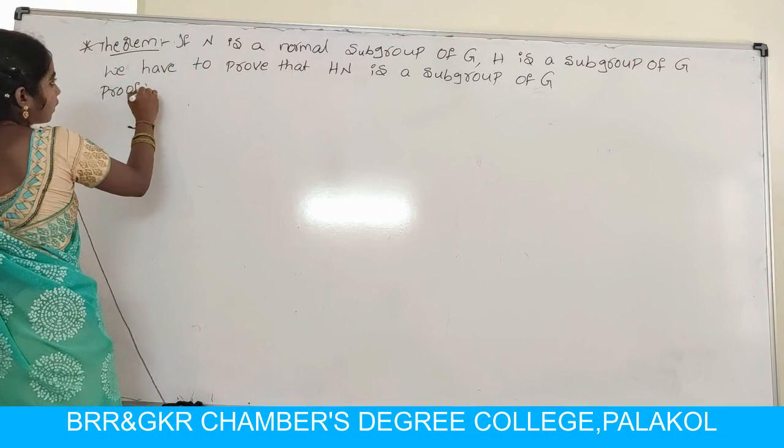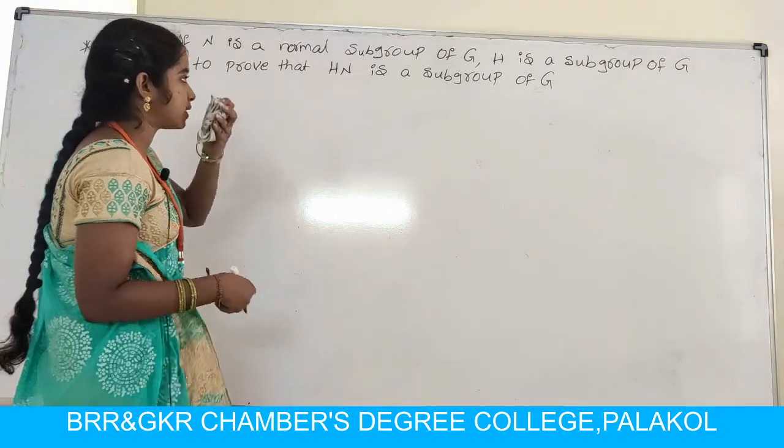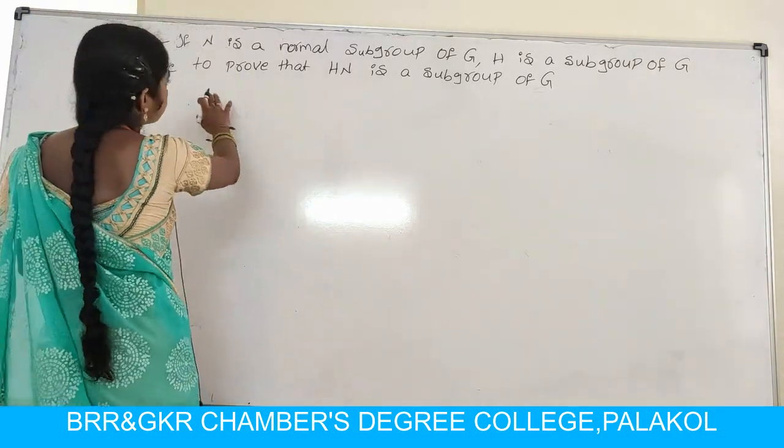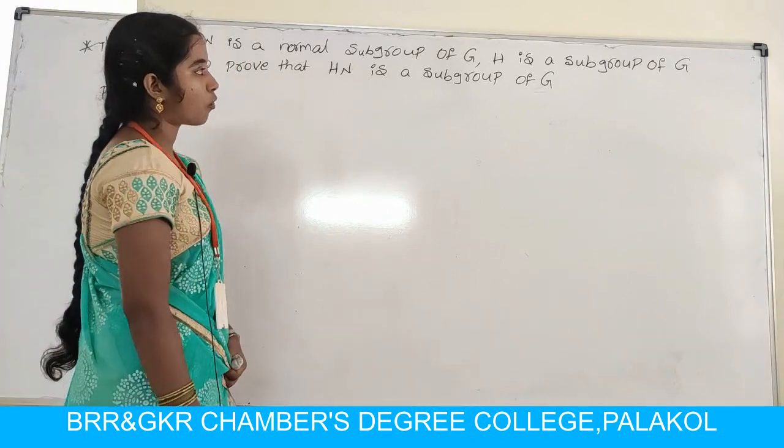Already given that N is a normal subgroup of Z, H is a subgroup of Z. So we have to prove that HN is a subgroup of Z.